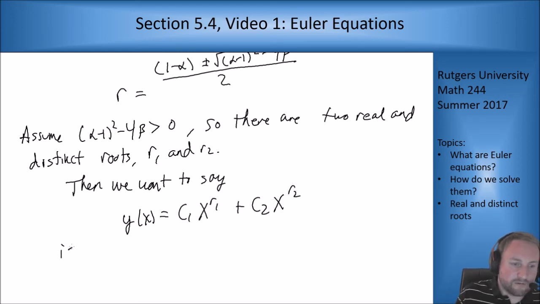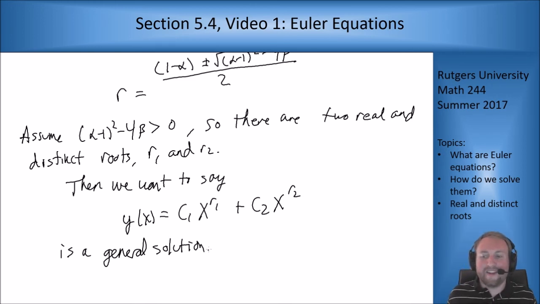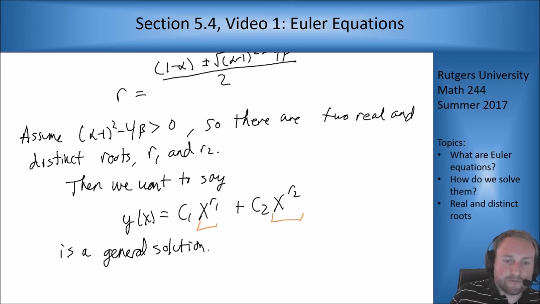is a general solution. What do we need for this? We need the Wronskian of our two generating solutions, x to the r1 and x to the r2, to be nonzero.